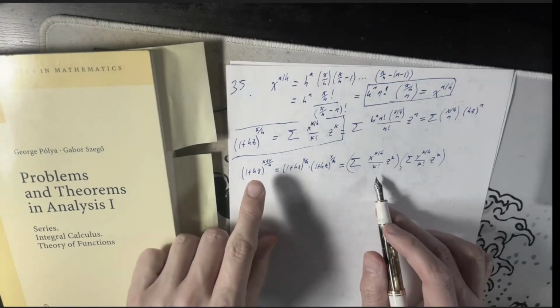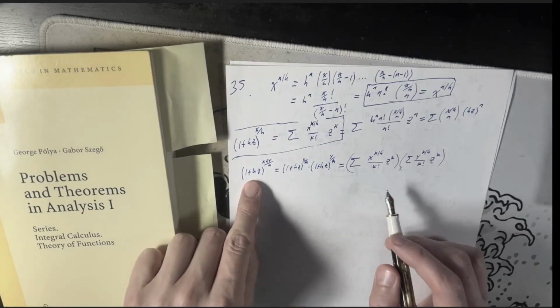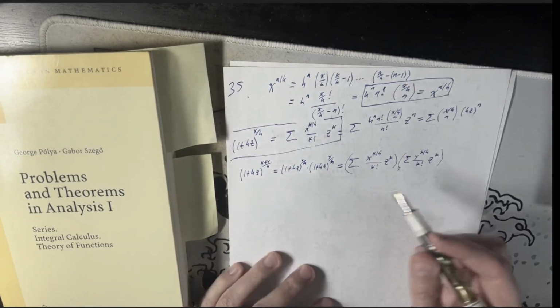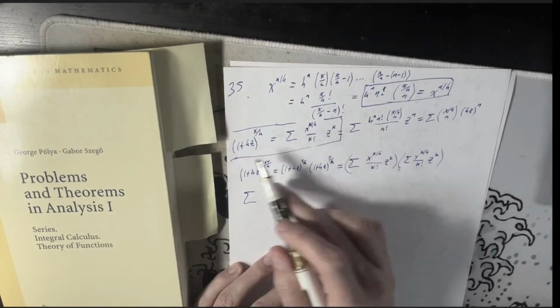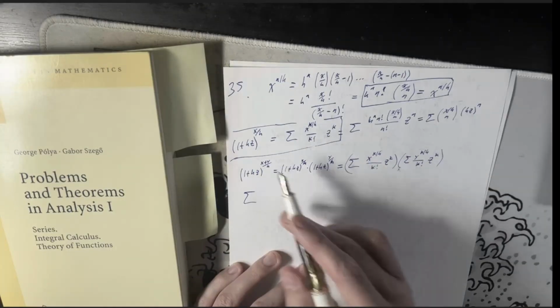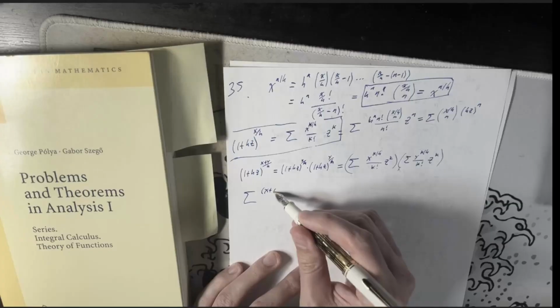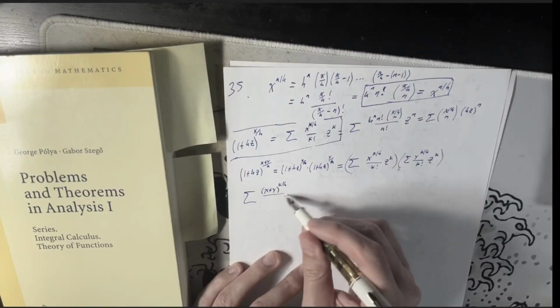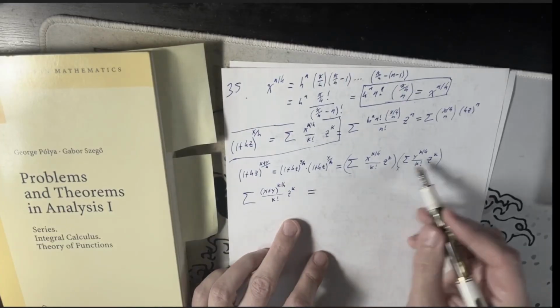But yeah, this is this product, but this is also the same as this series, right? Right, by the same arguments, yada yada yada. But this is this, therefore this is x plus y to the k given h over k factorial z to the k, right? And it's also equal to this product.